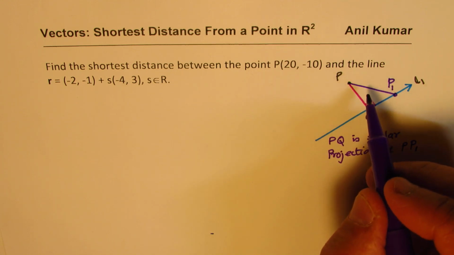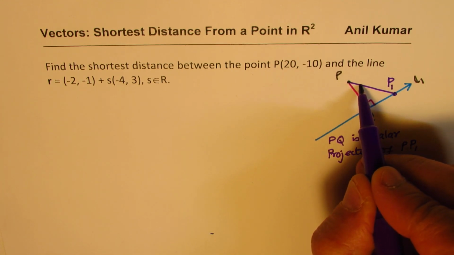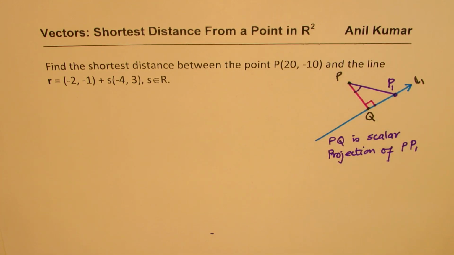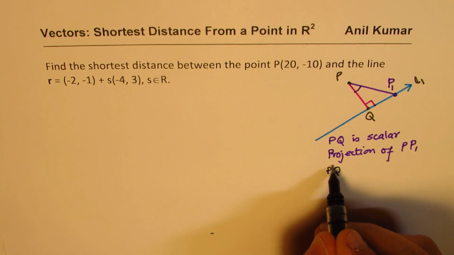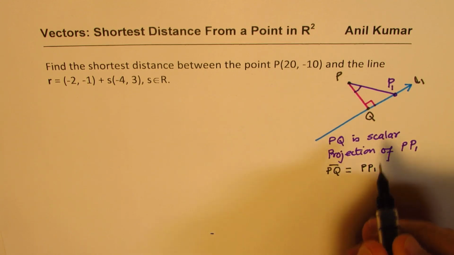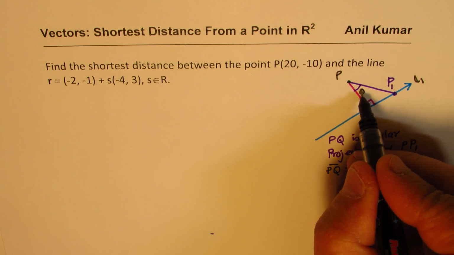So if I use this length here and I want to find what this is, then PQ will be basically equal to PP1 times cos theta.